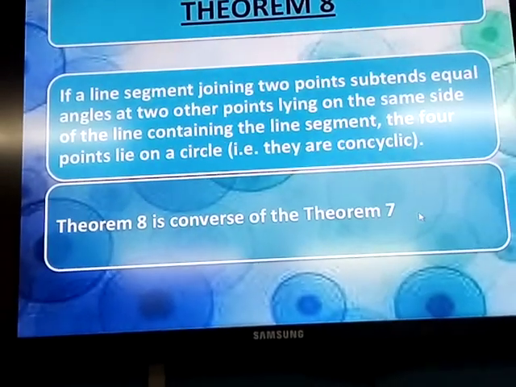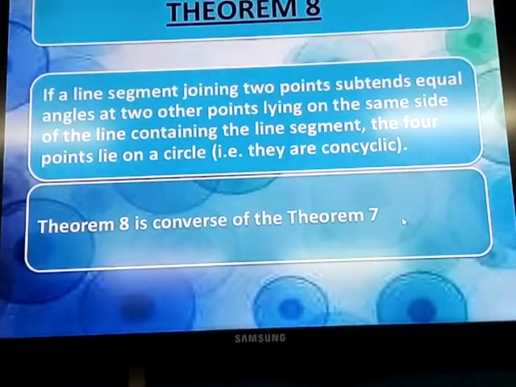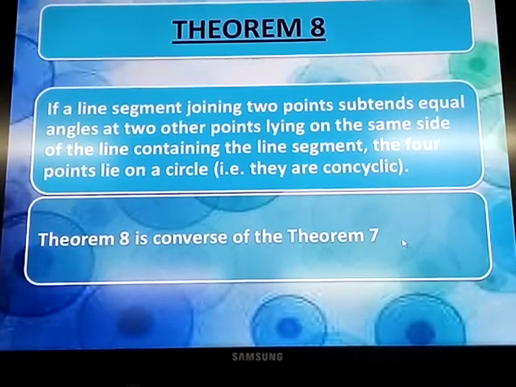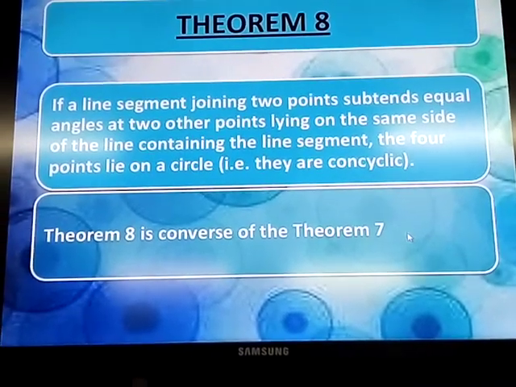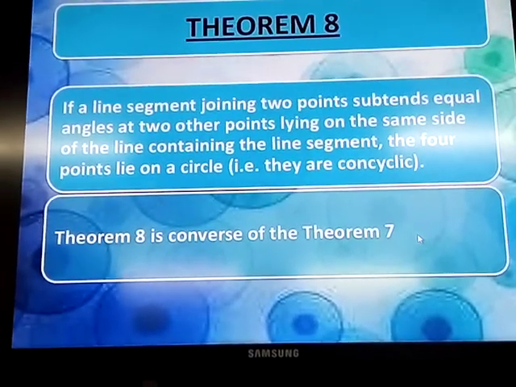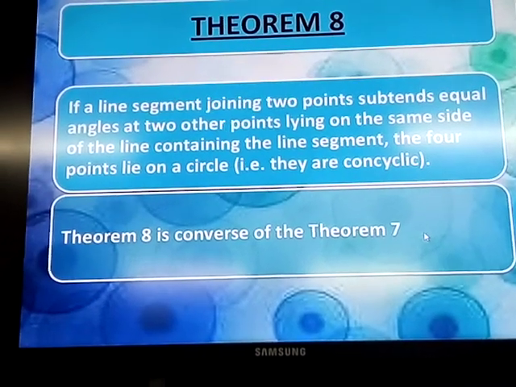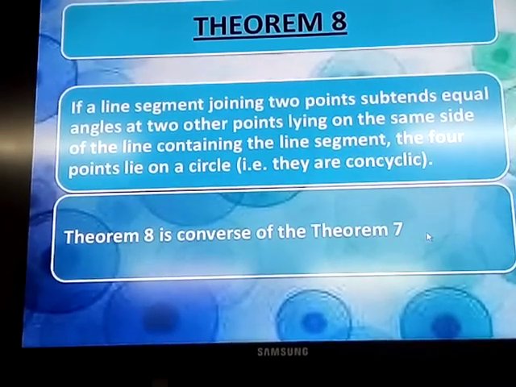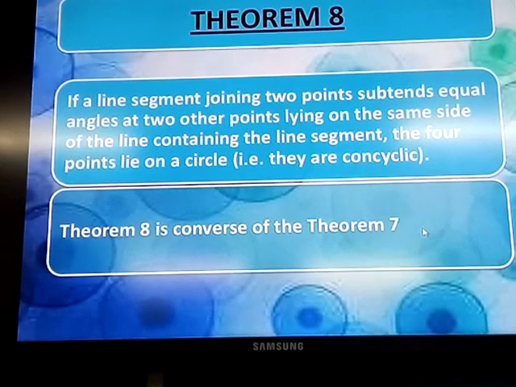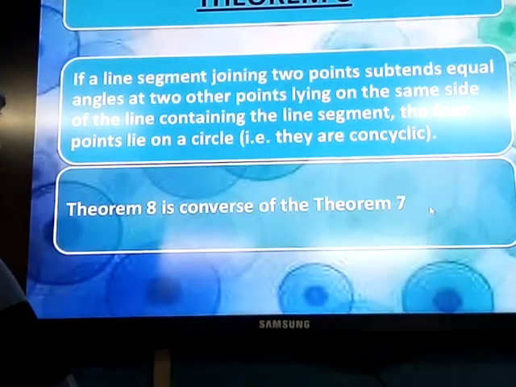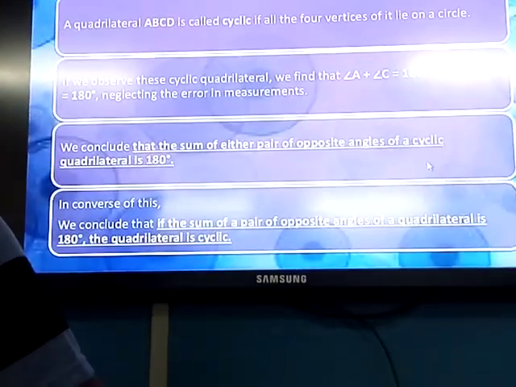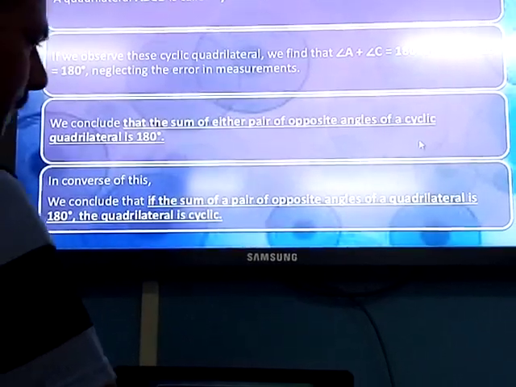If a line segment joining 2 points subtends equal angles at 2 other points lying on the same side of the line containing the line segment, the 4 points lie on a circle, they are concyclic. You can understand this with this watch.